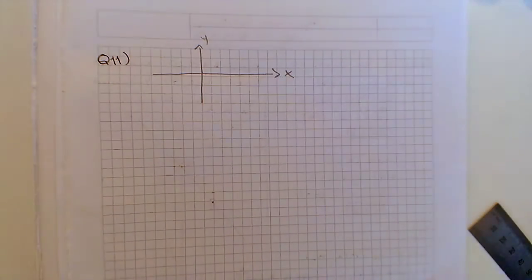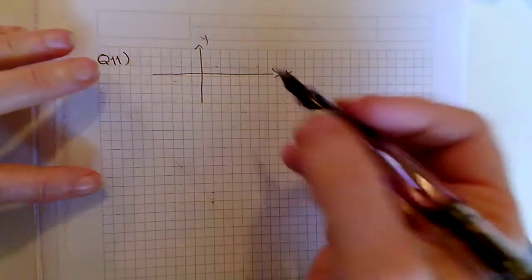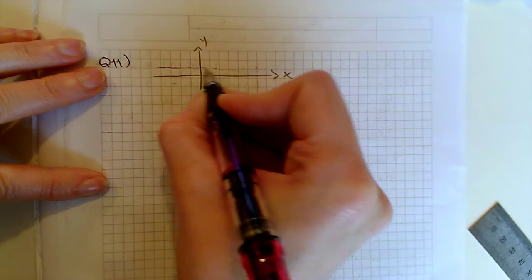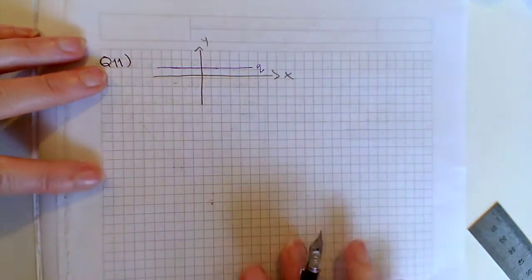What we did have was a line Q coming across like this.